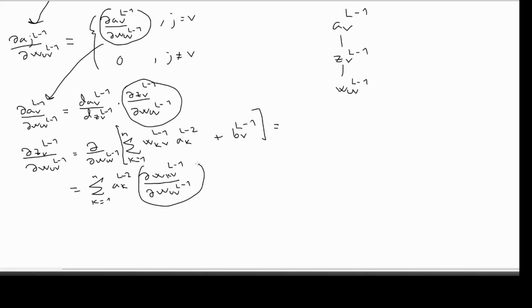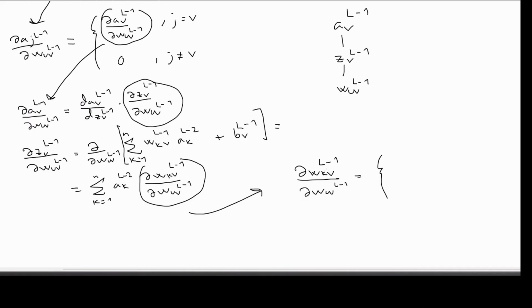And once again, breaking this down further, this weight does not affect any of the weights going from layer L-2 to layer L-1 except for the weight itself, which means that when k is equal to u, we get the derivative of weight u_v with respect to itself, which is just 1.